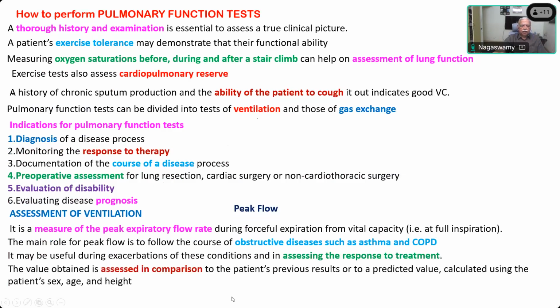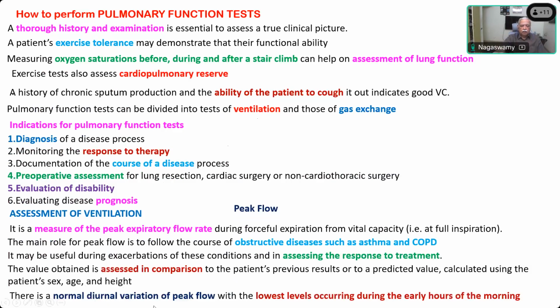The value is assessed in comparison to previous results or the predicted value calculated using the patient's sex, age, and height. So these are the three things that are taken into consideration in any PFT.